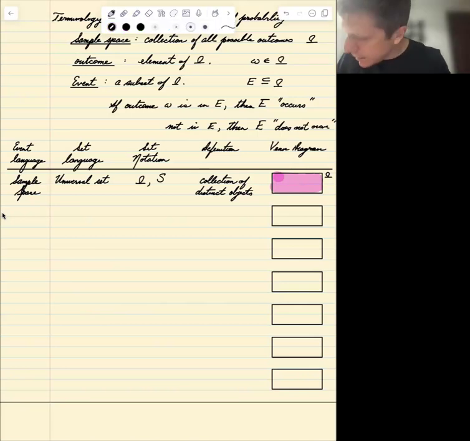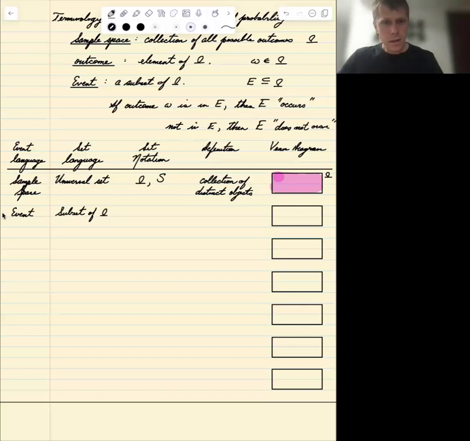All right, now an event, in event language, is a subset. It's just a subset of omega. We're going to write these using capital letters, usually at the beginning of the alphabet. So these are capital letters, A, B, etc. And to denote that it's a subset of omega, we write A is a subset of omega.